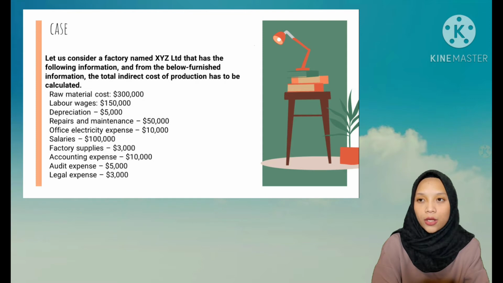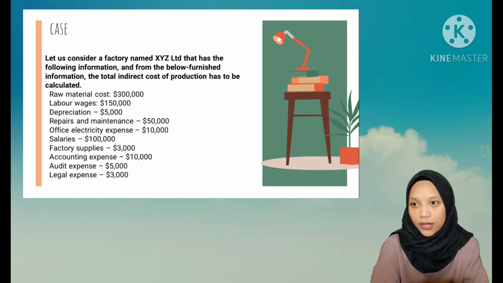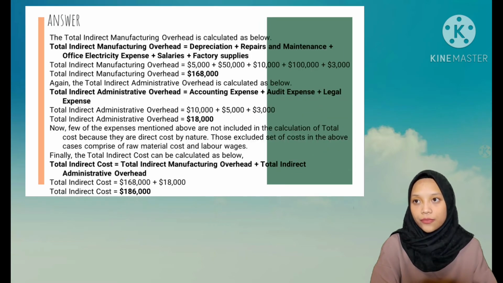They have raw material cost $300,000, labor wage $150,000, depreciation $5,000, repairs and maintenance $50,000, office electricity expense $10,000, salaries $100,000, factory supplies $3,000, accounting expense $10,000, auditing expense $5,000, and legal expense $3,000.